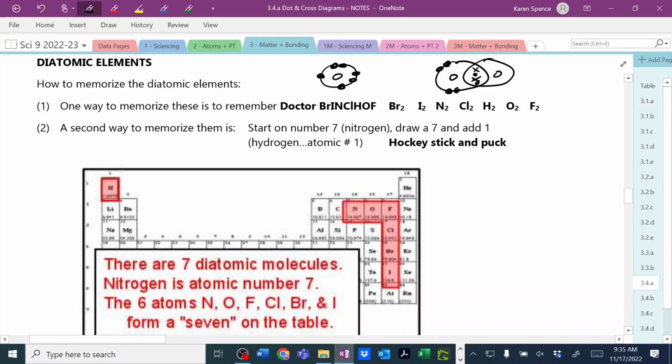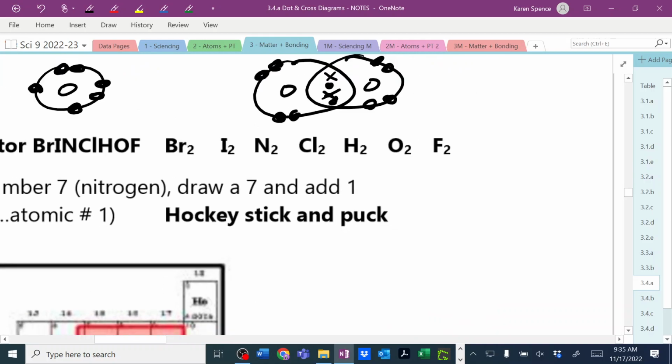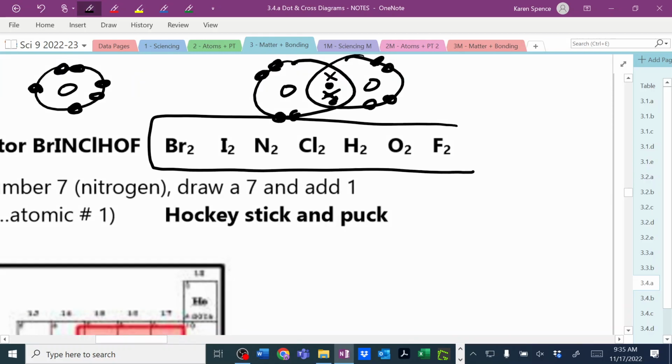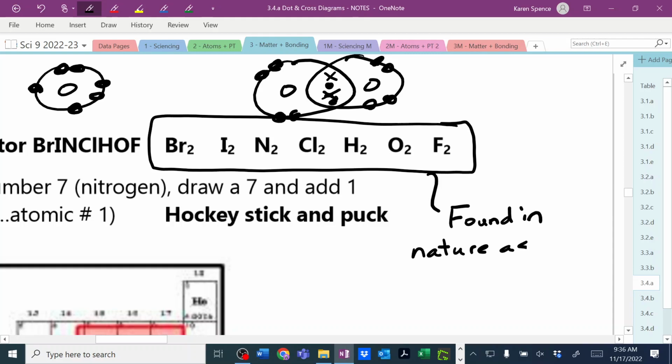So oxygen, chlorine, fluorine, bromine, iodine, all the ones in this list here, when we find them in nature, they are in the form of molecules made of two atoms. In other words, diatomic molecules.